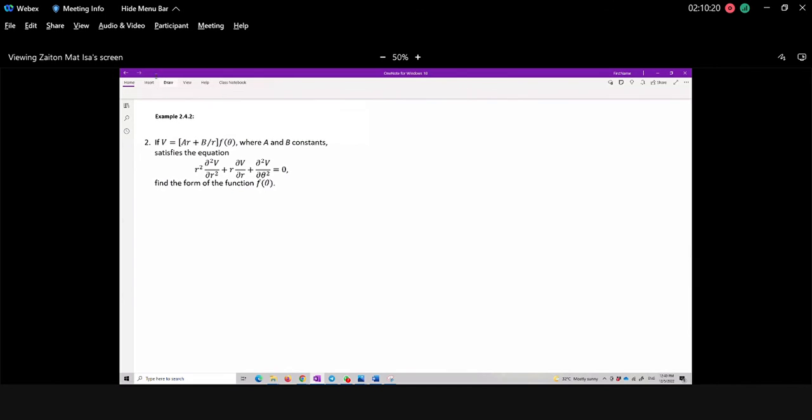In here, we take note that V is a function of r and theta. V satisfies the equation. If it satisfies the equation, it means that from this V, we plug it into here. But in the given second order equation, we do not have exactly V. Instead we have del square V over del r square, or VRR, right? This has VR, this has V theta theta. So we need to find VRR and V theta theta.